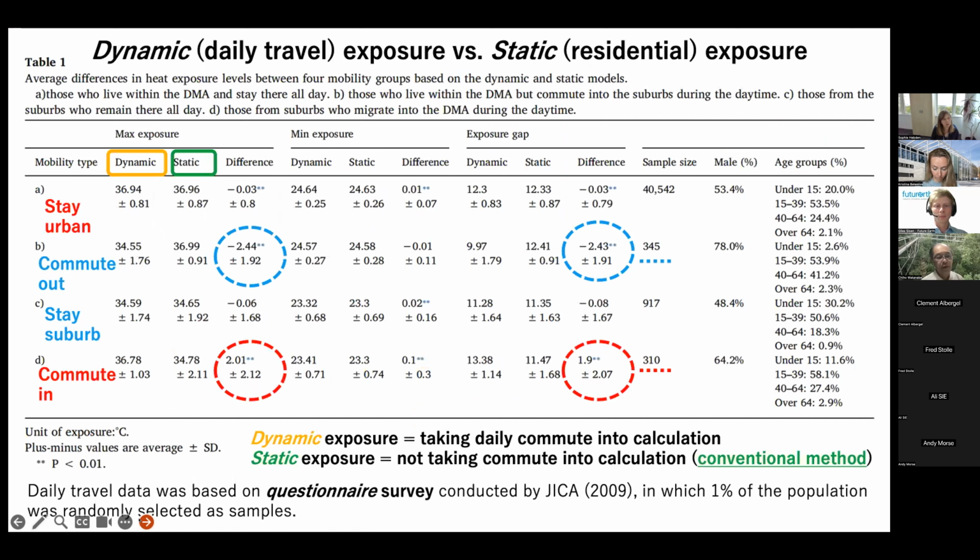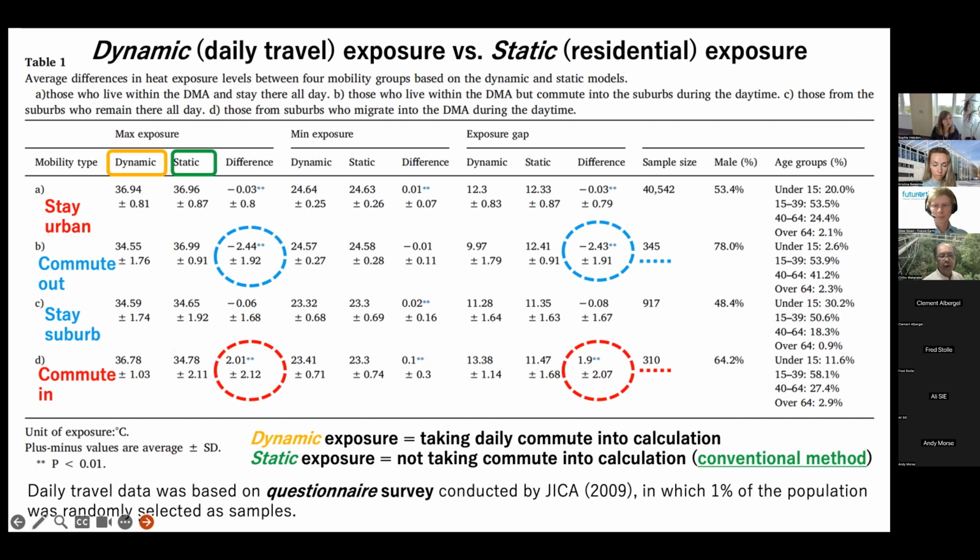We have two models, dynamic and static. The static model is a conventional epidemiology model in which we estimate heat exposure based on the residential area's temperature. But in the dynamic model, we take commuting activity into account, so we follow the movement of the participants, also considering the areal difference of the surface temperature.